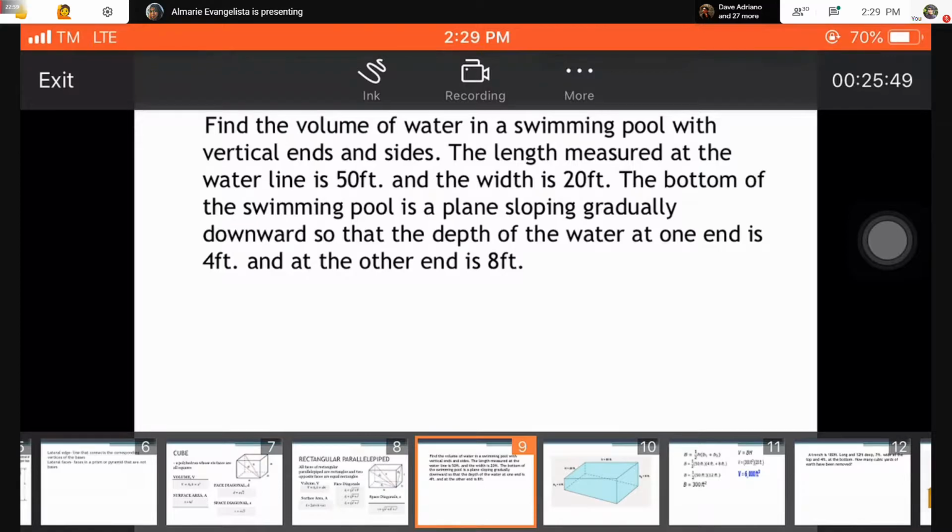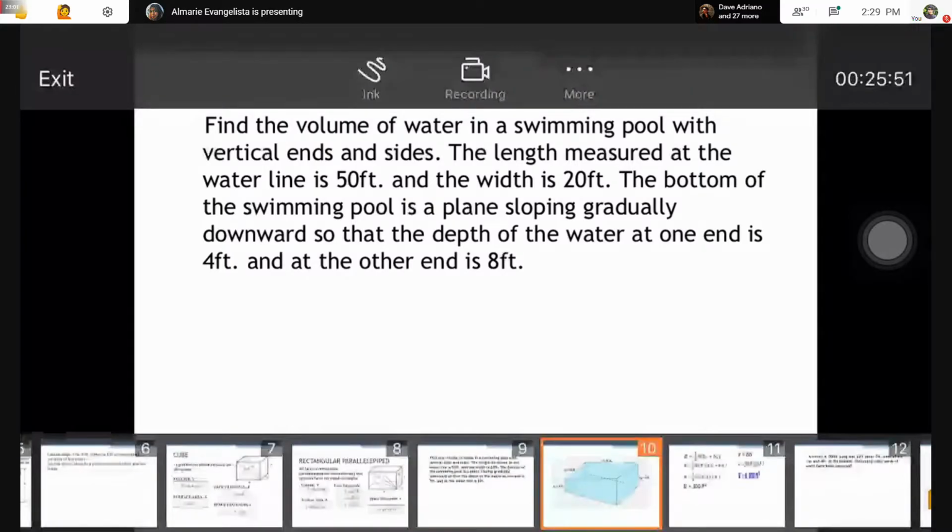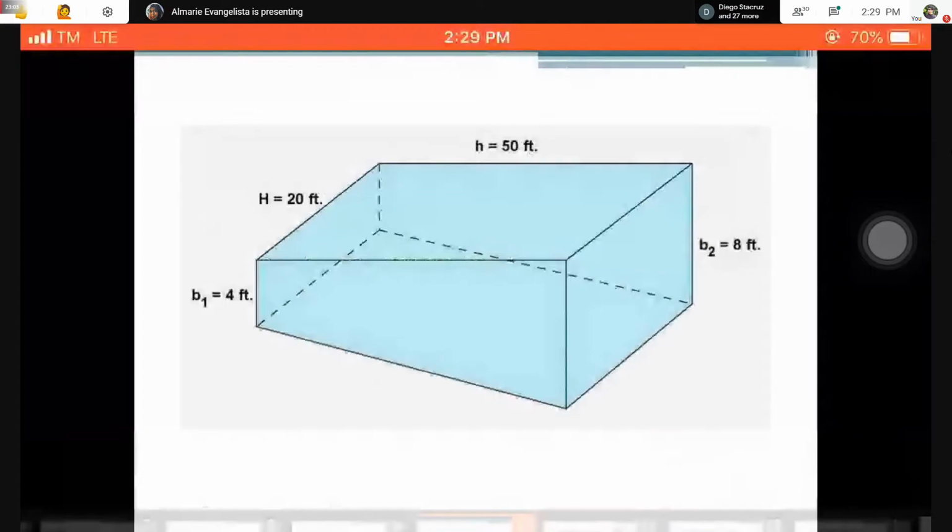Ayan. Kita nyo? Kita nyo, guys? Ito yung figure. So, kung napapansin nyo, yung base niya ay trapezoid. Trapezoid yung base niya.